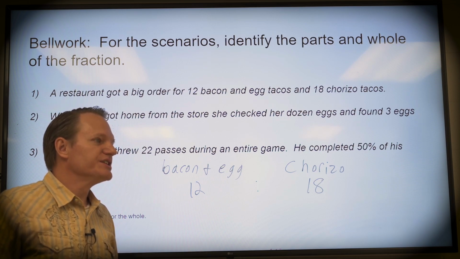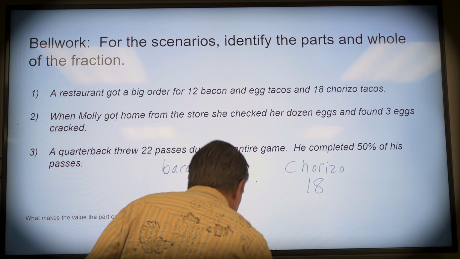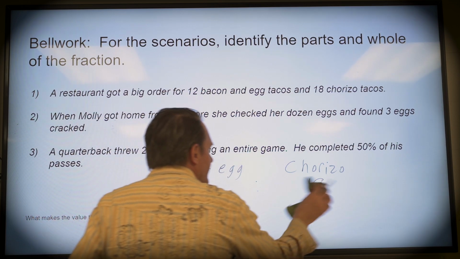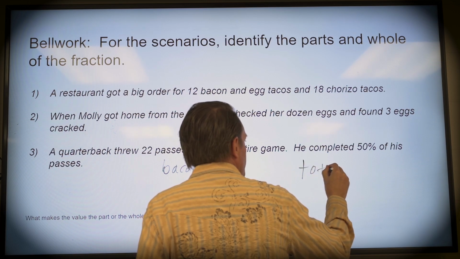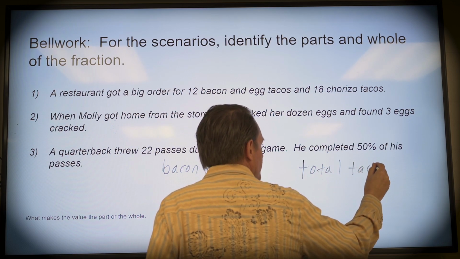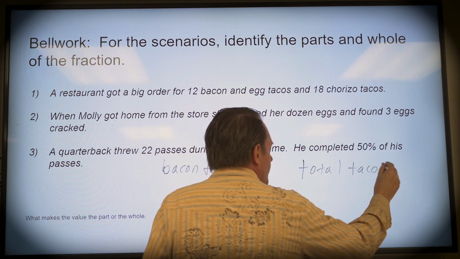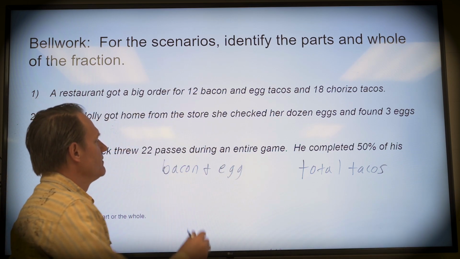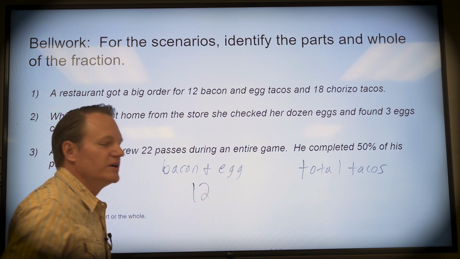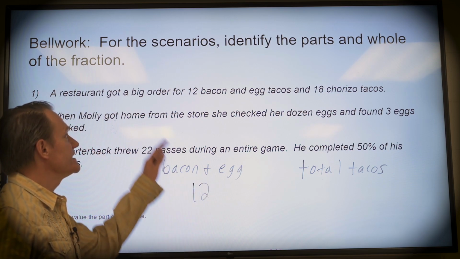Now, what if the question said, give me bacon and egg to total tacos? We already know that the bacon and egg from the problem is 12. What are the total tacos? This is everything in the world.